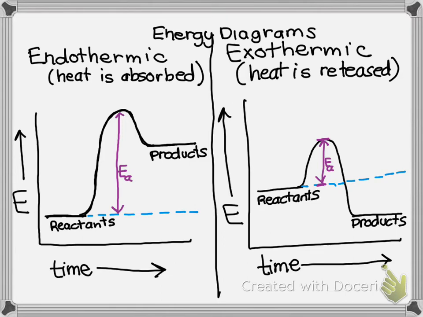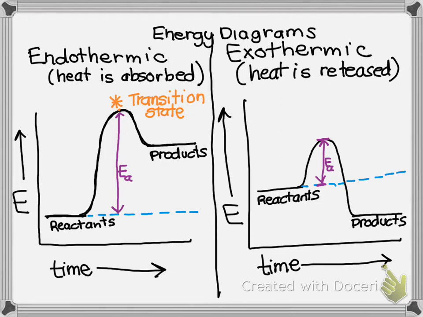So the activation energy is from where the energy of the reactants are all the way up to the top of the peak. Now, another thing we have is something called a transition state, and I'll just put a little asterisk up here. A transition is when you're in between something. And in this case, your transition state is when you're in between the reactants and the products. So I can imagine a place where all the bonds are broken up here at the top of my peak, but at the same time, although the bonds are broken, the new ones haven't been formed, so it's in transition.